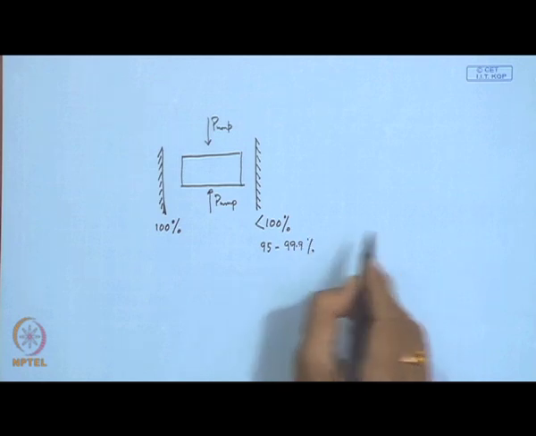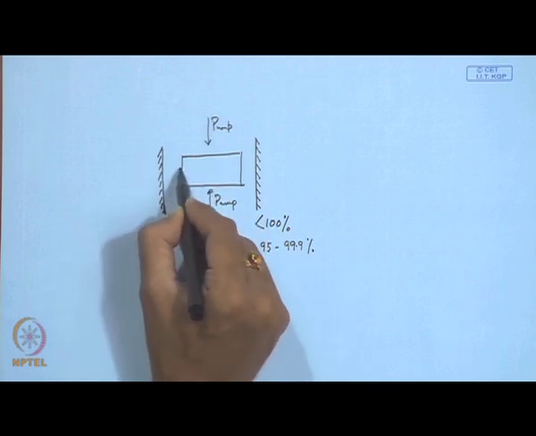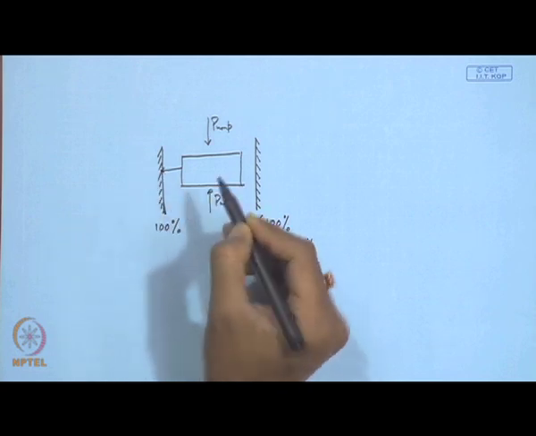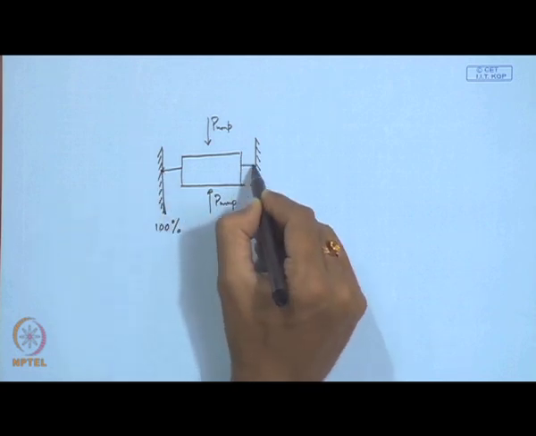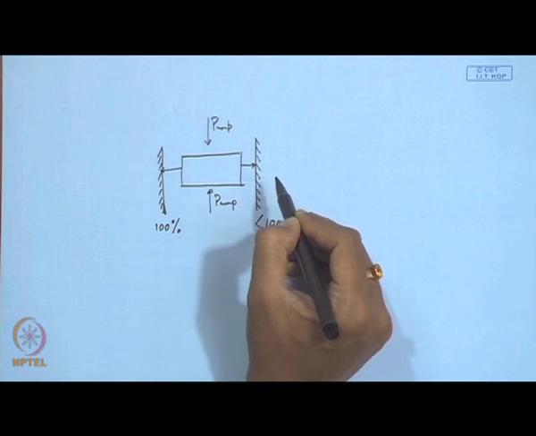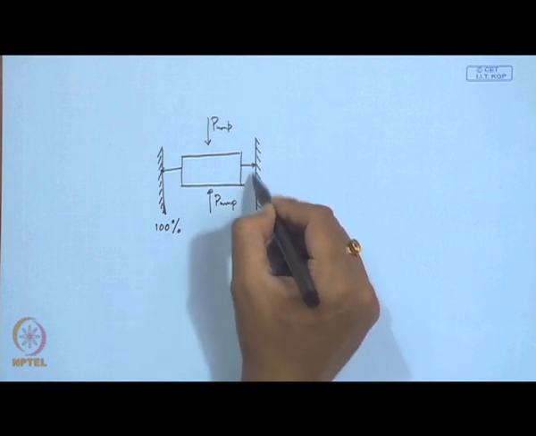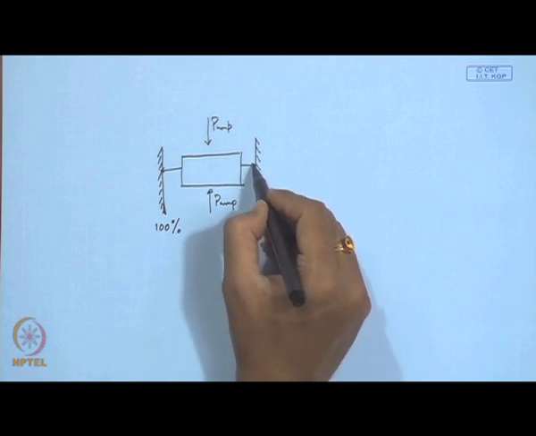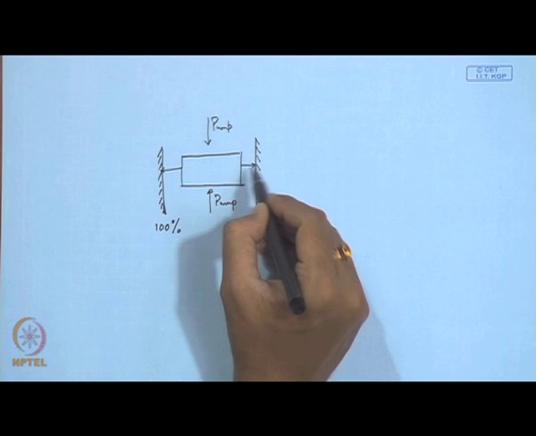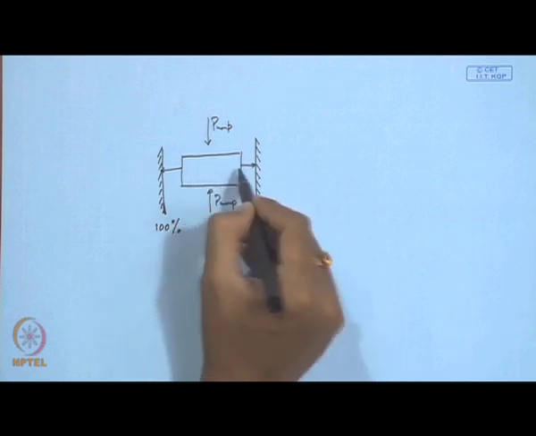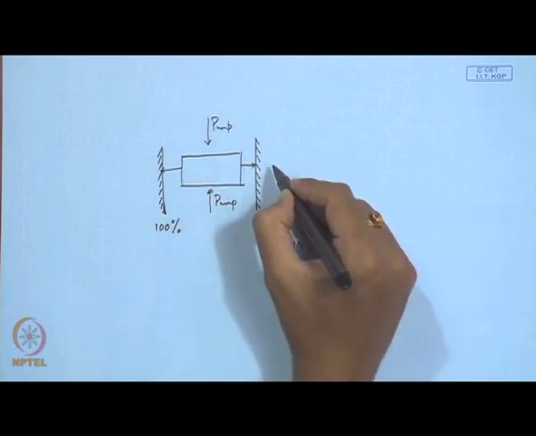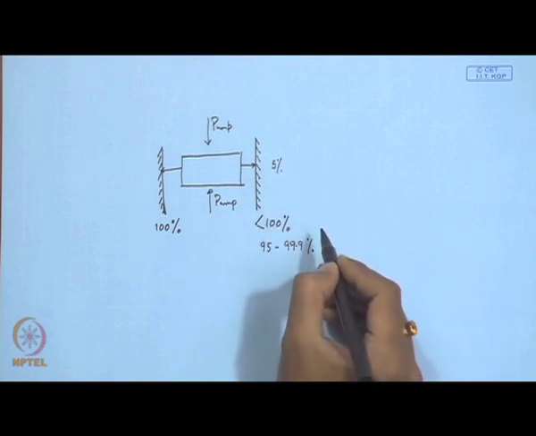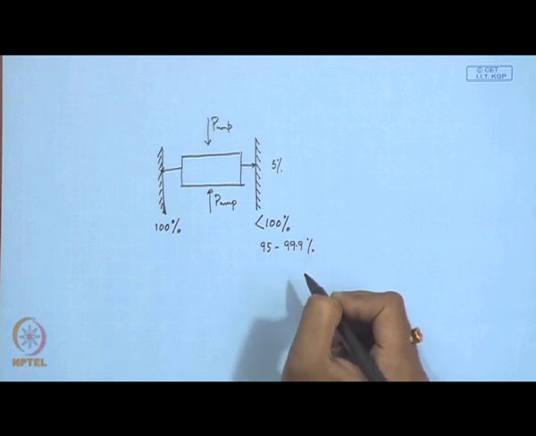So, what happens is that the first reflects all the photons falling onto it, but this one reflects maybe 95%. Suppose 100 photons are falling on this mirror. Out of 100, 95 photons are returned to the cavity, and maybe 5 photons are coming out, which you see as lasing.